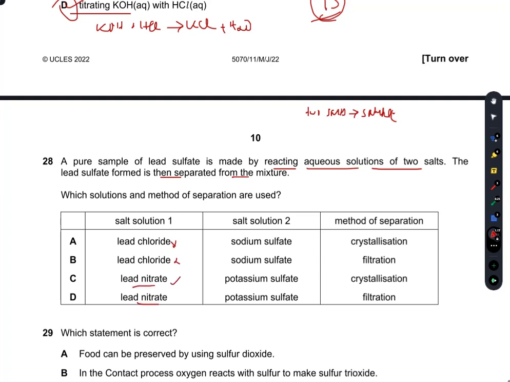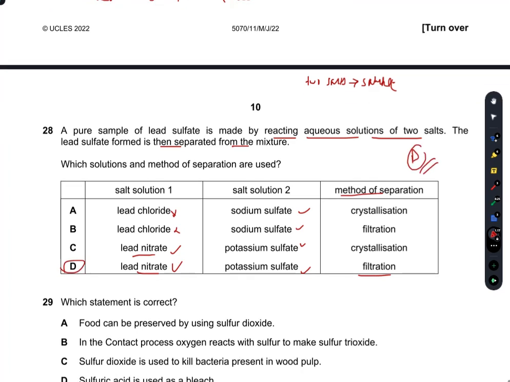All nitrates are soluble. Similarly, all sulfates are soluble. The reaction would occur, and one insoluble salt would form as a precipitate. So I will use filtration to obtain it. So D would be the best choice.